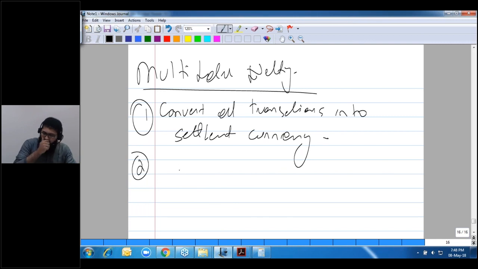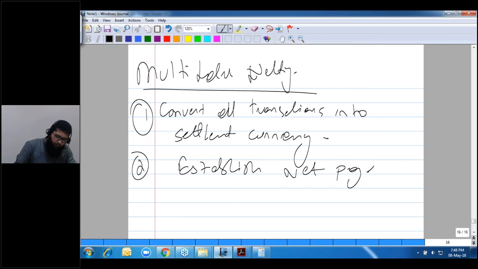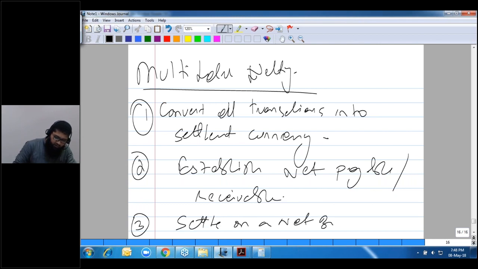Then, once we have converted all transactions into the settlement currency, we establish the net payable/receivable, and then we settle on a net basis.